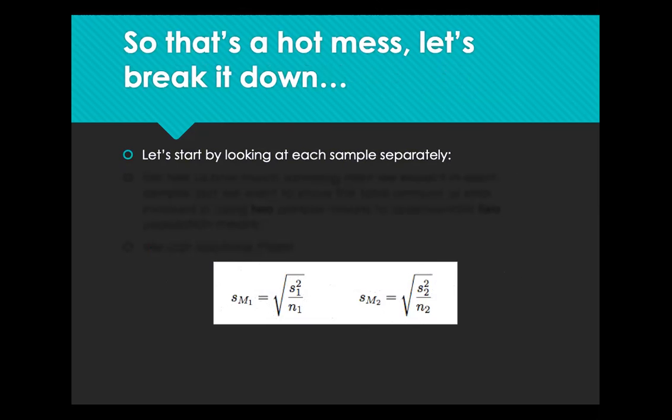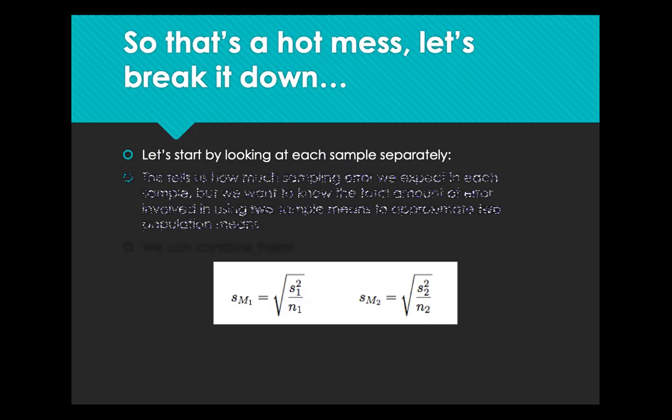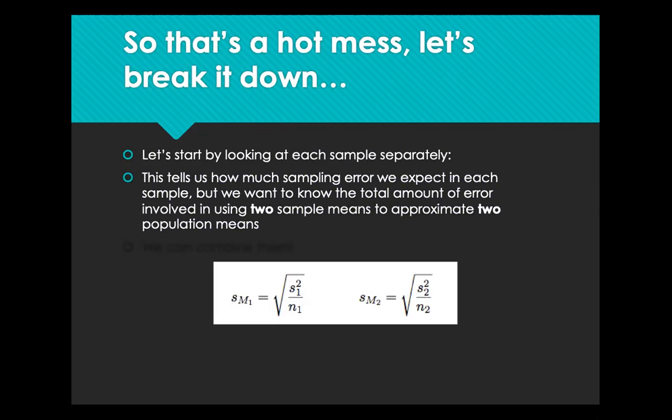The standard deviation of the first group is the square root of variance over sample size. Same with the second group. This tells us how much sampling error we expect in each sample, but we want to know the total amount of error involved in using two sample means to approximate two population means. And so what we will do is combine them.